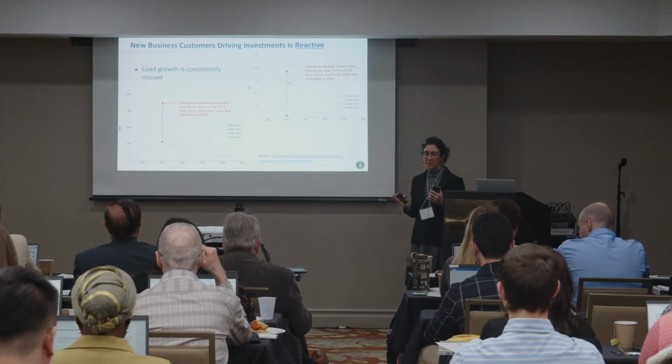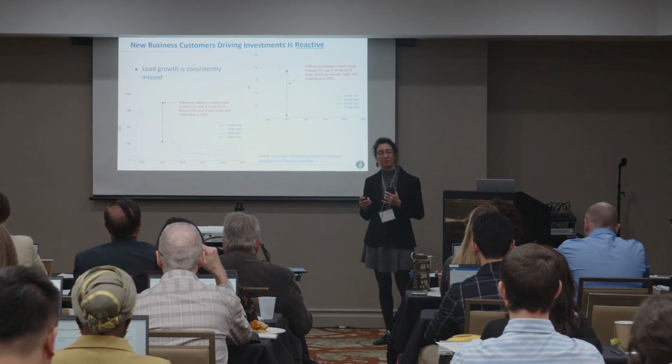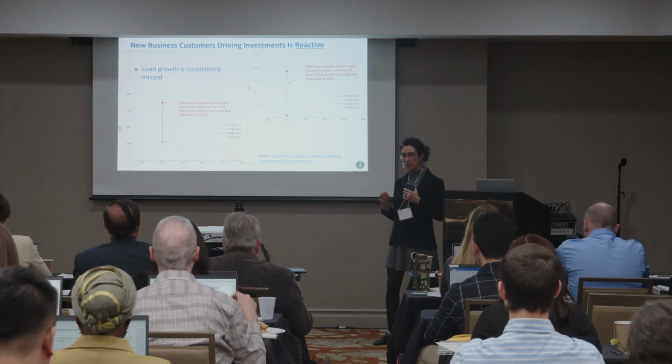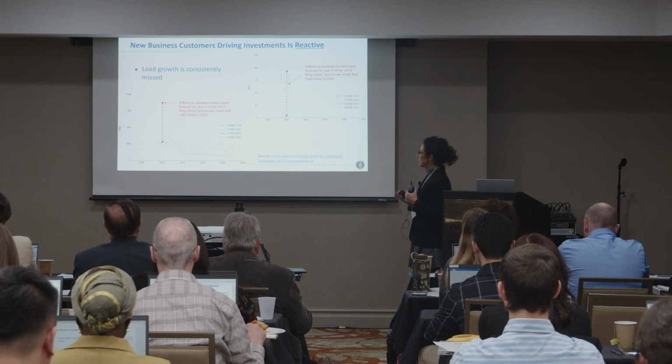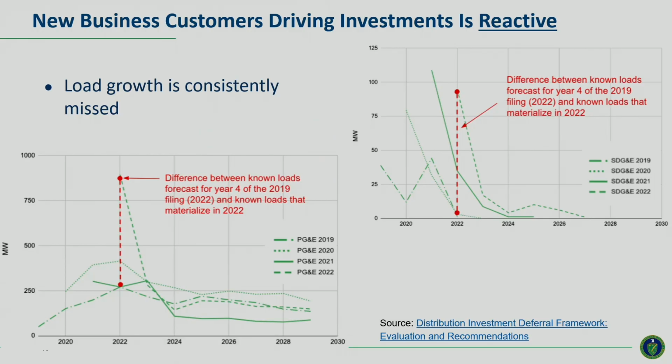So I'm going to give you an example, again with California data, of why this is becoming more and more important. These are plots of the step loads that I was telling you about, the new customer requests that the utilities in California have been receiving. We have PG&E here and SDG&E here.